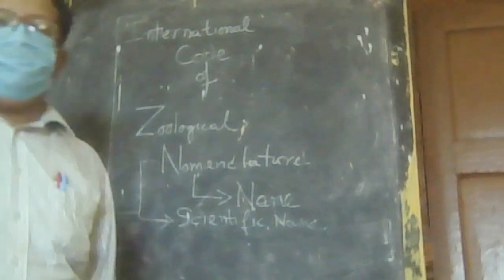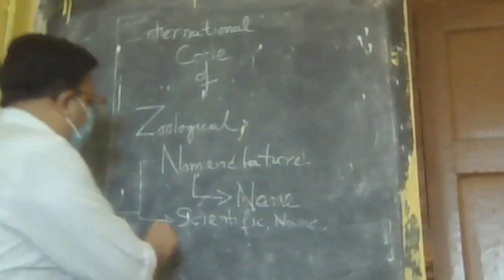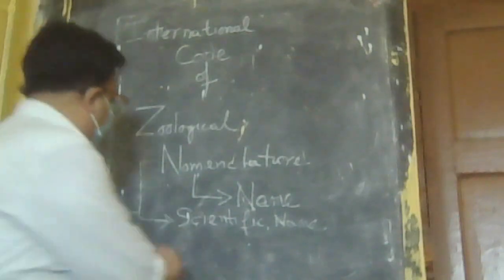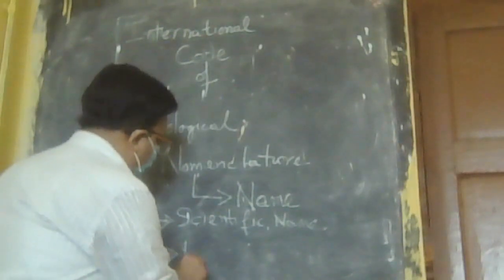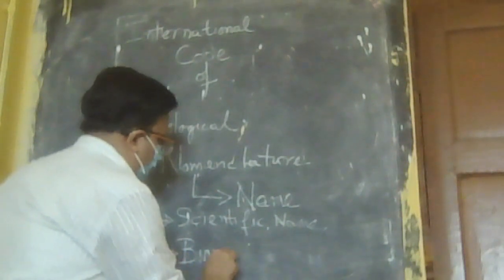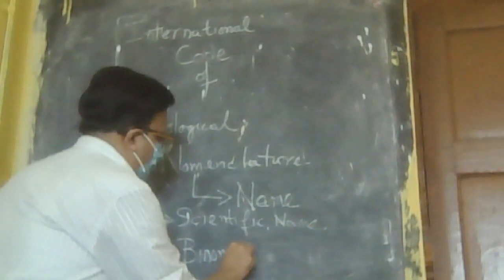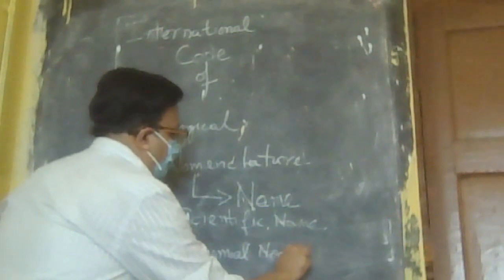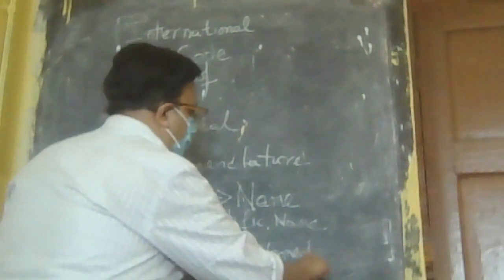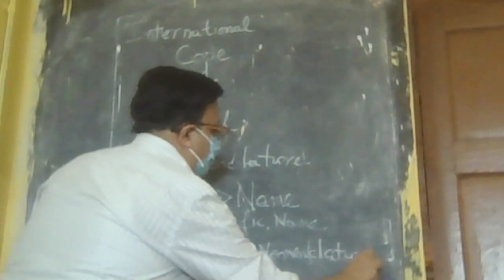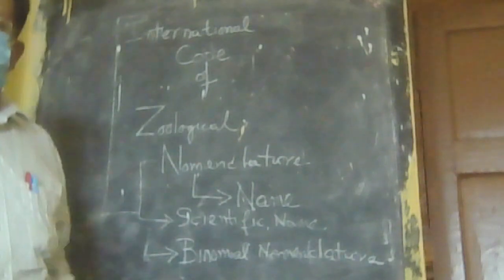And how do you give a scientific name? You give it according to the principle of binomial nomenclature. Very good.